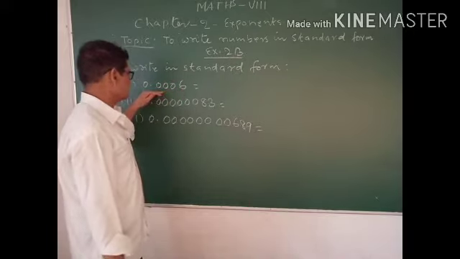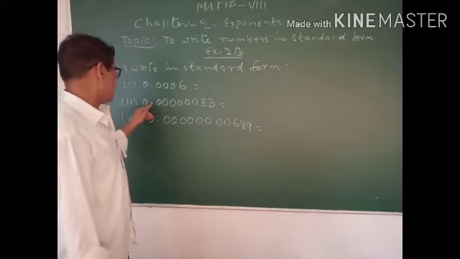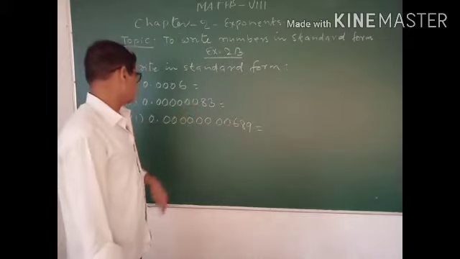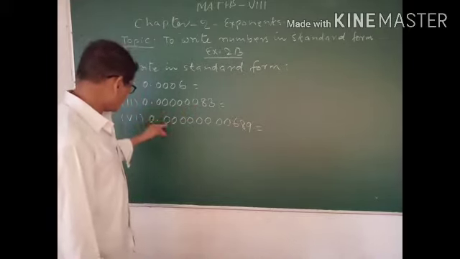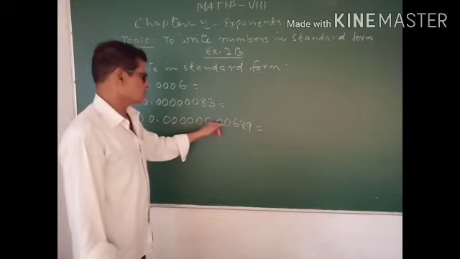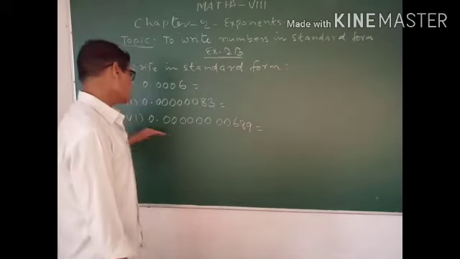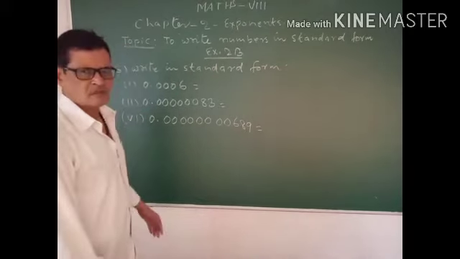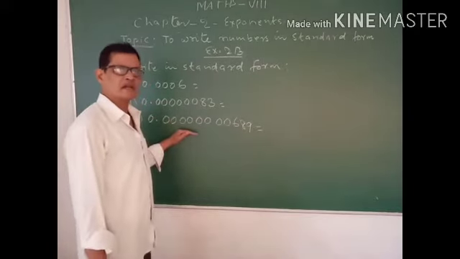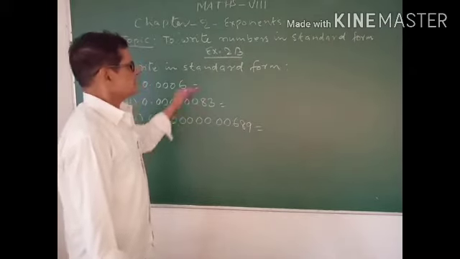This is a very small number. This number is 0.00000083. This number is smaller than this. 0.0000000689. These numbers are very small, and it is quite difficult to keep these numbers in mind. So here we apply the standard form.